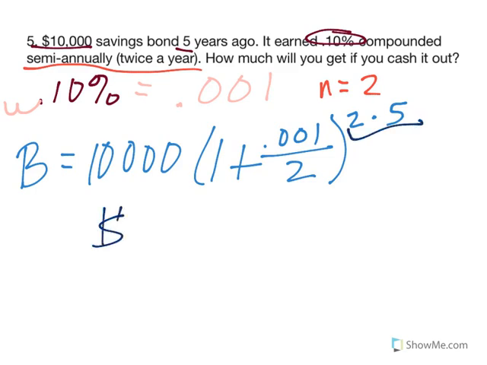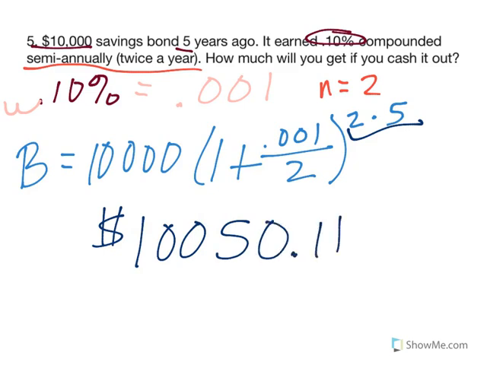And your ending balance for this would be $10,050.11. So if you cashed this out after 5 years, you would have earned $50 in interest, which is probably pretty accurate, because a 0.1% interest rate is pretty much what we're dealing with in this day and age. So $50 for not doing anything for 5 years still isn't too bad.